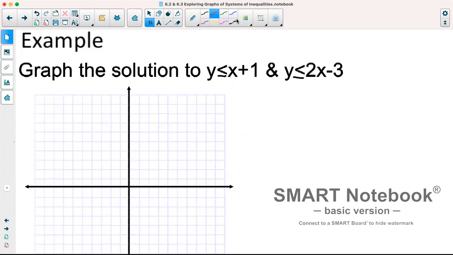Okay, so next one. We've got this one, which is y is equal or less than x plus 1. So we've got y-intercept of 1, slope of positive 1. Now we have the equal to, so that means it's going to be a solid line.